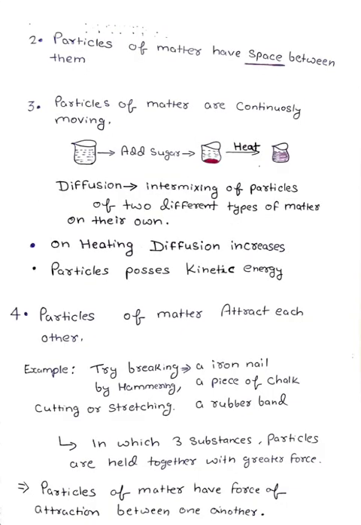Second property of the matter is that particles of the matter have a space between them. If we see the earlier example of the salt and the water, the salt particles occupy the space between the particles of the water. It shows that particles of the matter have a space between them.